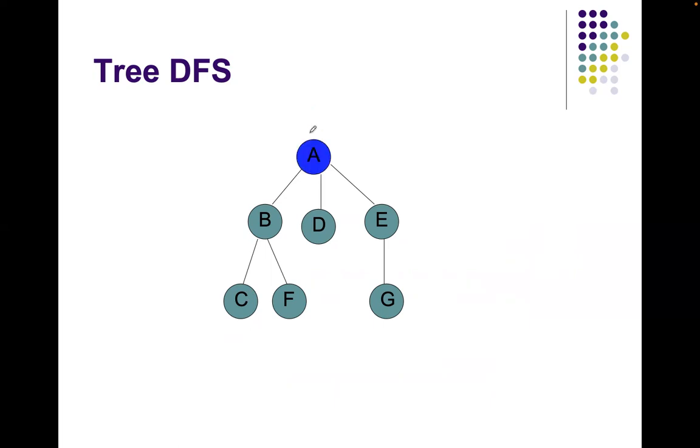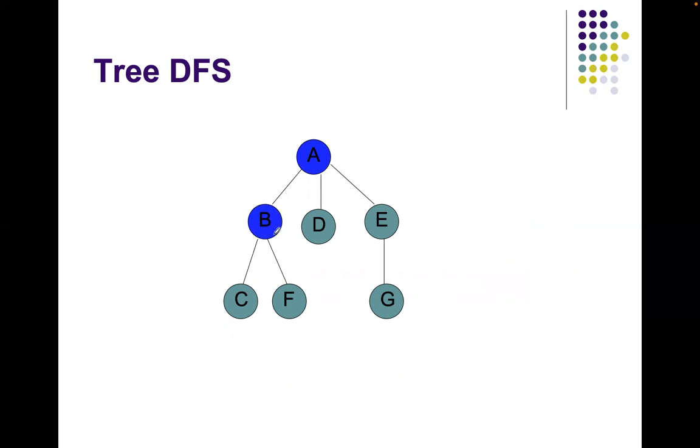For example, here first we are going to visit A. Now A has 3 children, B, D, and E. From A we can explore any one of them, but we're going to randomly choose only one. Let's pick B.